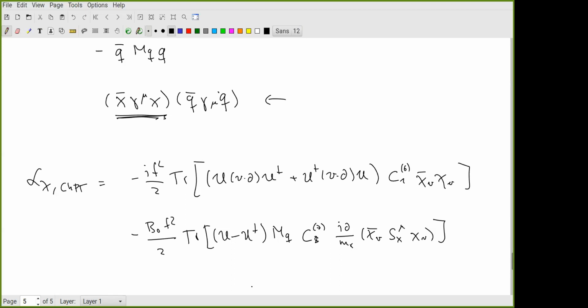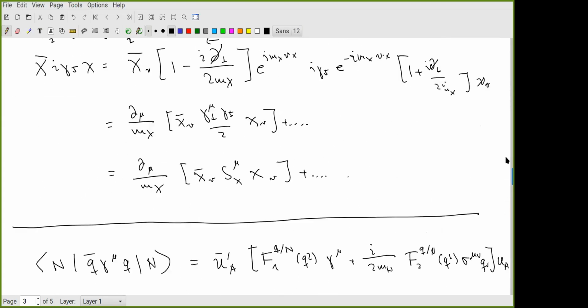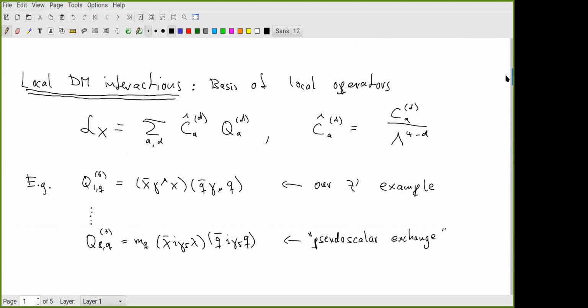I have one about that very last part, which I think might be kind of basic, but why does the mass matrix appear in the pseudoscalar case and not the other case? Yeah, so that's just a convention. That's just how we defined our operator.